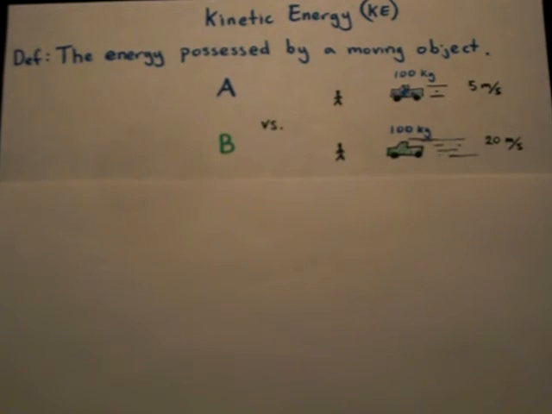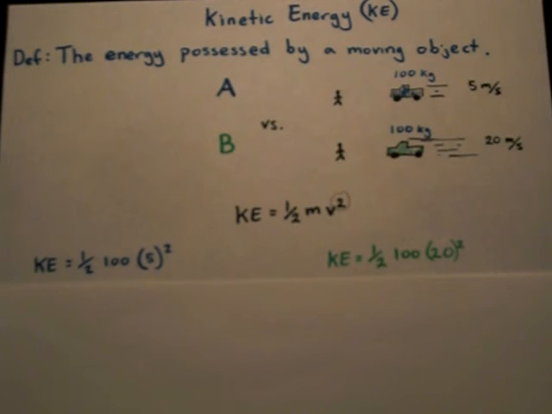Of course, for vehicle A, we have 1/2 times 100 times 5 squared. For vehicle B, we have 1/2 times 100 times 20 squared.